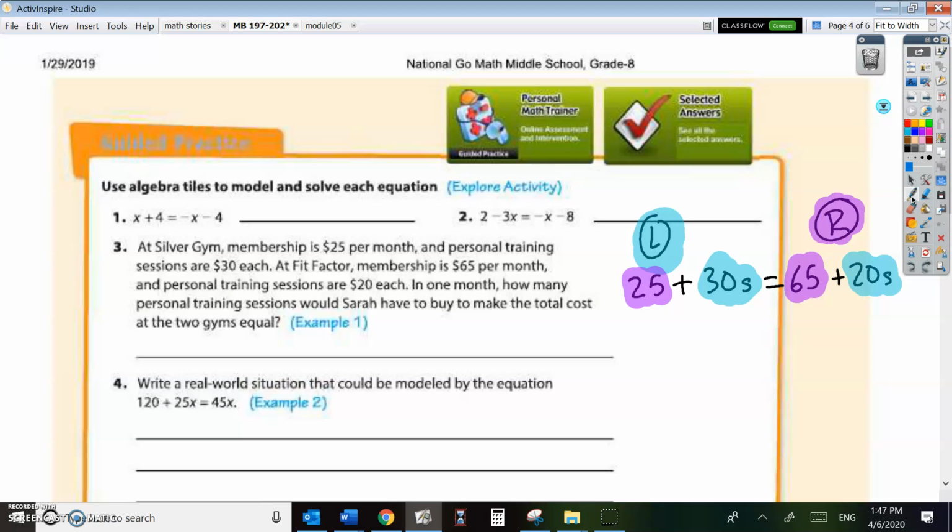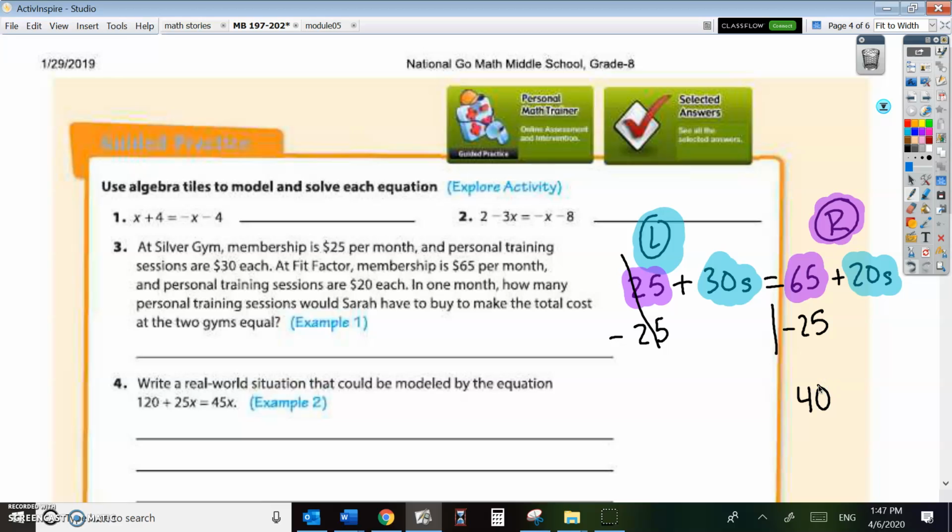So let's make this positive 25 go away by subtracting 25 from both sides. I made this line right here to help me remember to keep things in balance. 25 minus 25 is equal to 0. 65 minus 25 is 40.